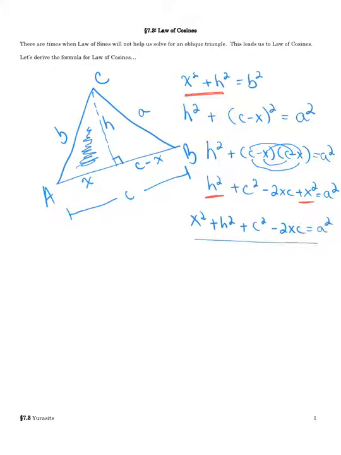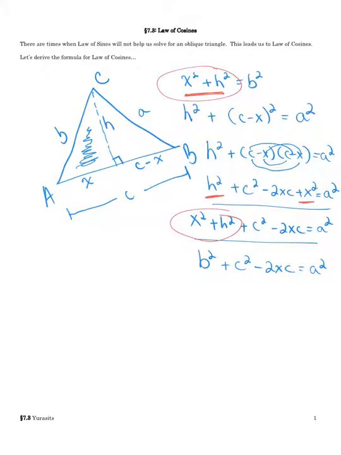So this is the same thing as this, just rearranged. Well, here this piece is again, so now I can replace this with b squared because it's equal to b squared. So now I have b squared plus c squared minus 2xc equals a squared.